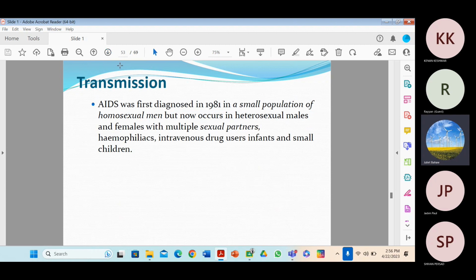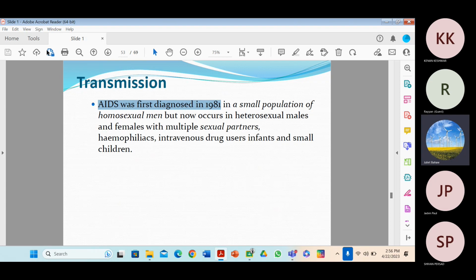Now, AIDS was really diagnosed in 1981. There was a small population of homosexual men, but it is occurring in straight males and straight females. But it's something that they have found particular drugs for. So there are actual antiviral drugs that persons can take nowadays that can kill the HIV virus, but it will not remove it totally.